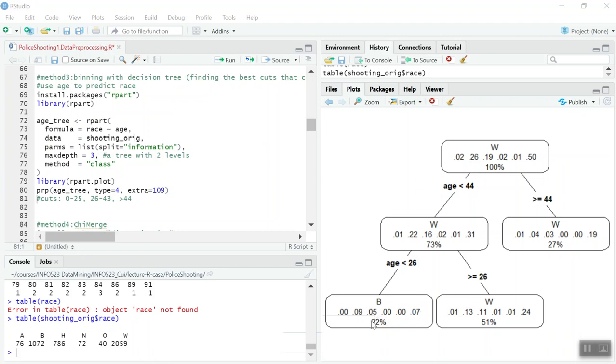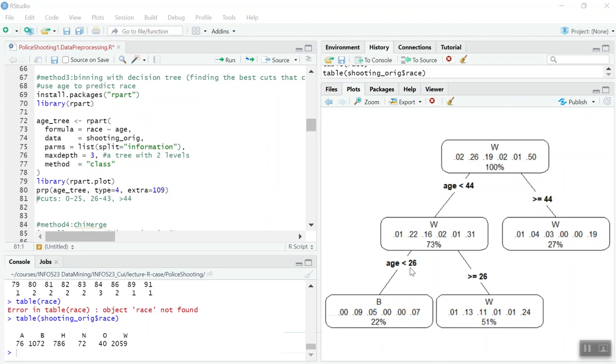At this level, we have 22% of total observations in this node and 51% of total observations in this node. This is still more white dominant, but if we talk about victims younger than age 24, the majority of them were Black. So this is how we can use a decision tree to find those cutting points.